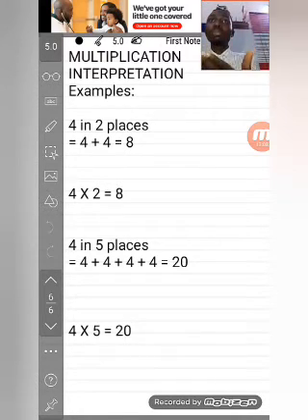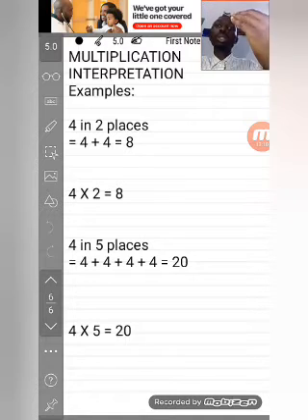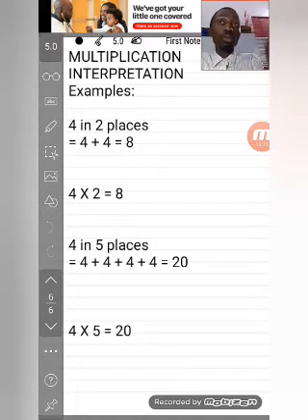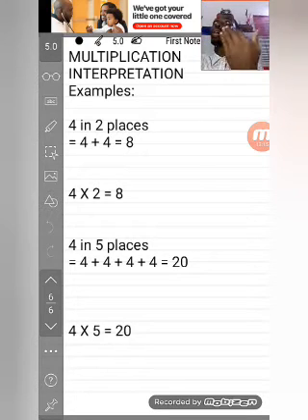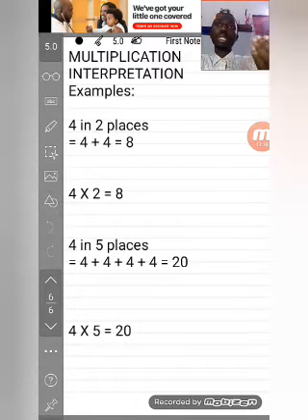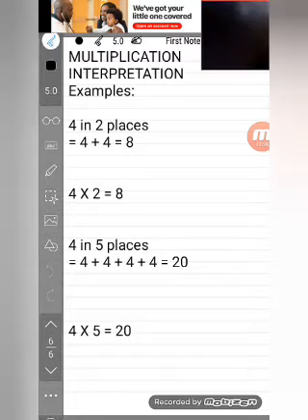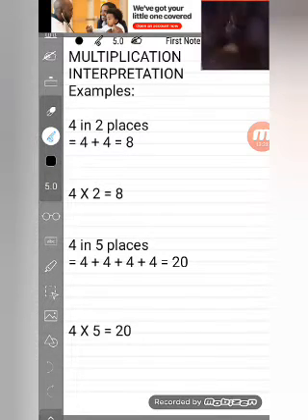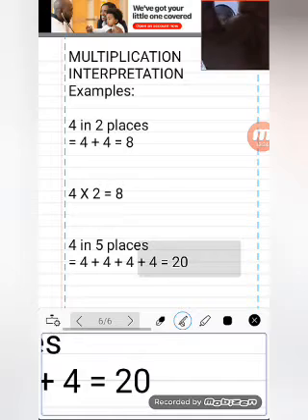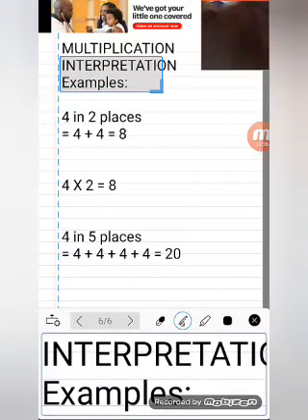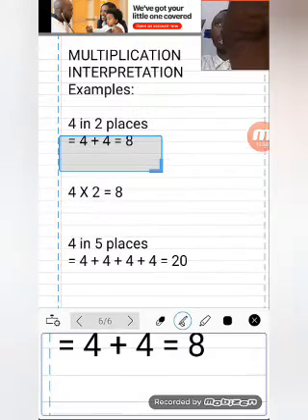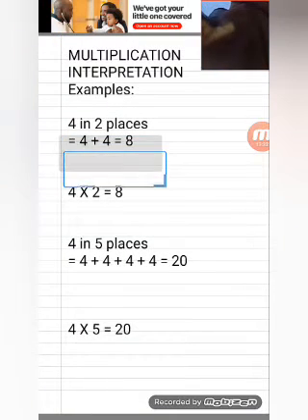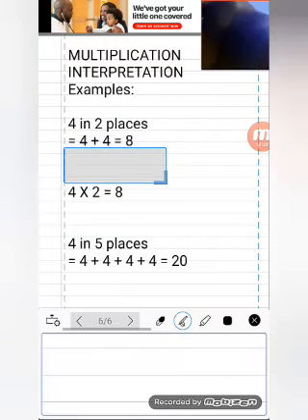And at the same time, from the knowledge of multiplication table, you can get it. 4 in 2 places means 4 plus another 4, which is 8. We can actually write this as well for you to understand in strokes, to show the quantity meant by 4 in 2 places.